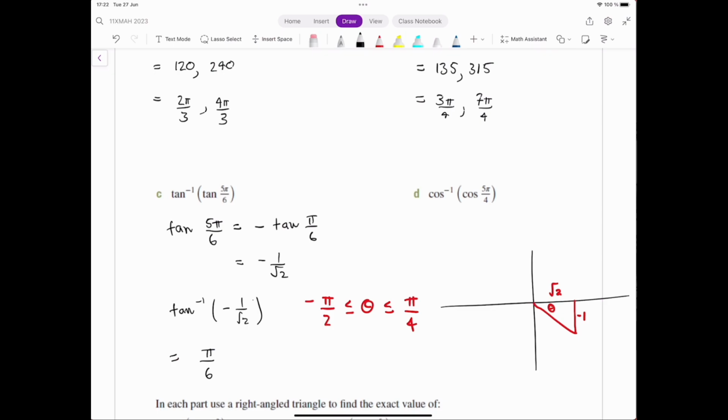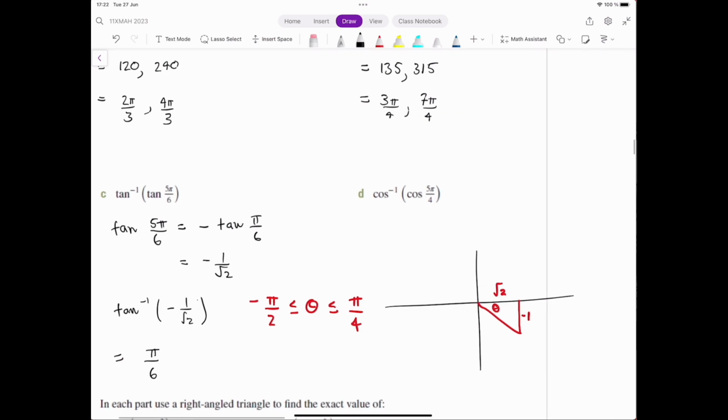But we can see that this lies in the 4th quadrant. So our theta has to lie here. Now, if we go backwards, our theta is minus pi on 6.